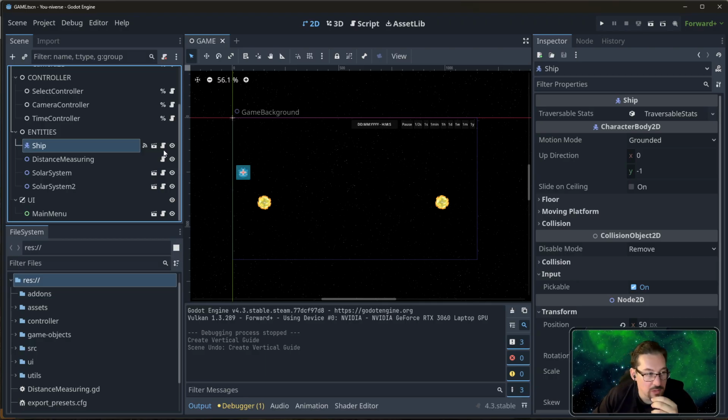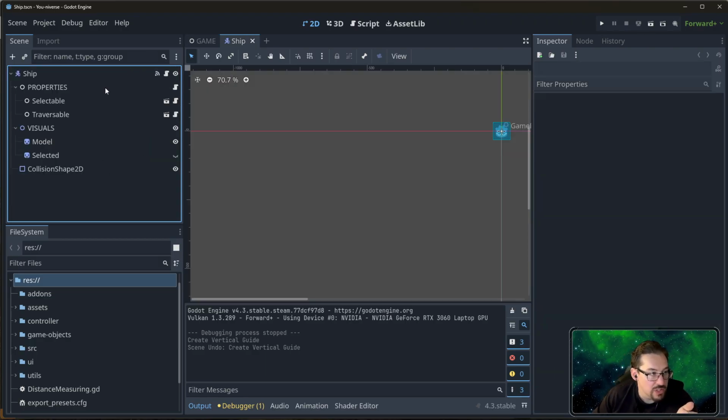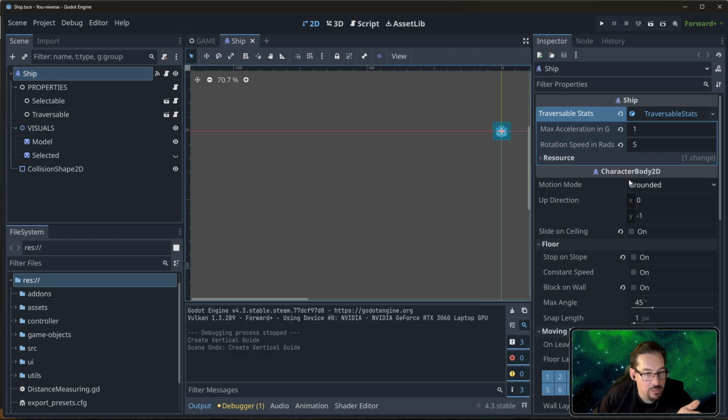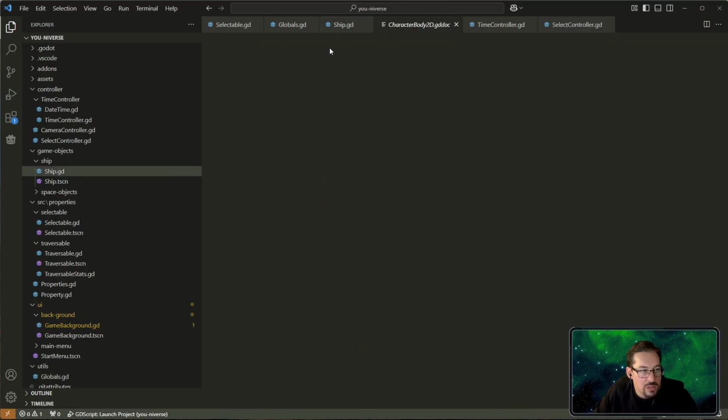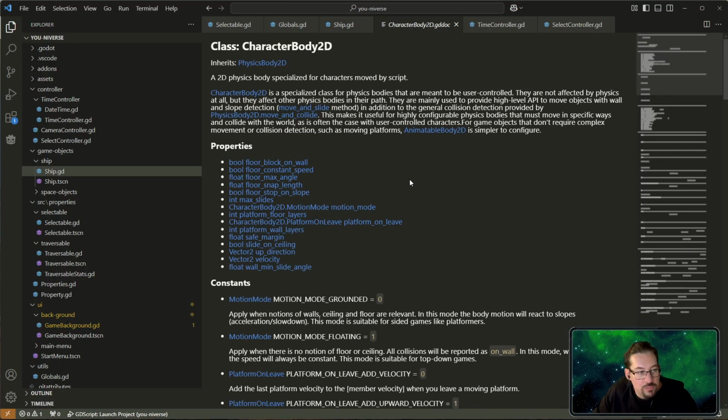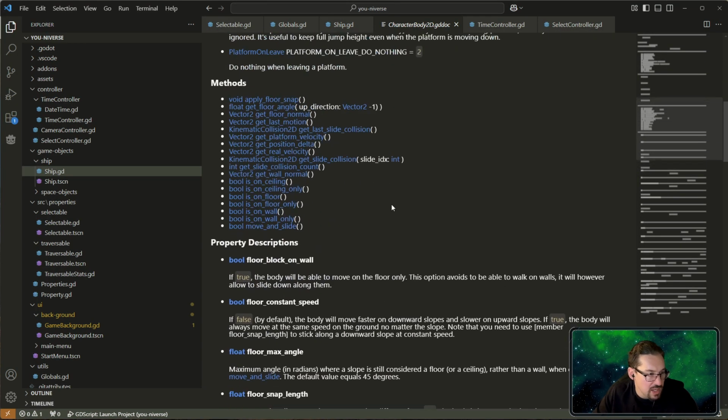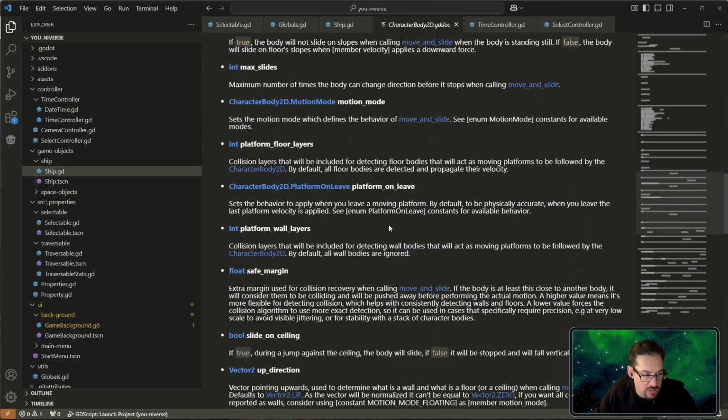For example, my ship, I've got a scene with my ship, and my ship has a CharacterBody2D node underneath, and the CharacterBody2D has, when you go into the documentation of it, a velocity.